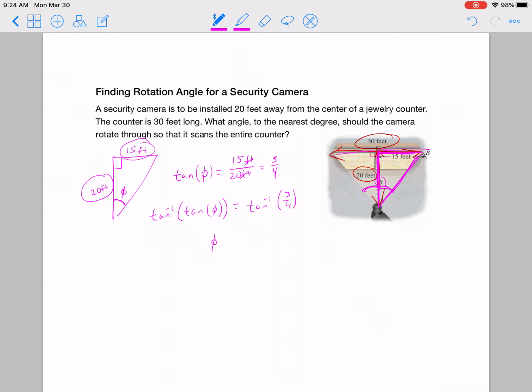On this side, it's going to cancel out, and we're going to get the arctangent of 3/4. Let me make sure I'm in radians. Yep, I'm in radians. So I'll do the arctangent of 3 divided by 4, and that's going to give me about 0.64350111088.